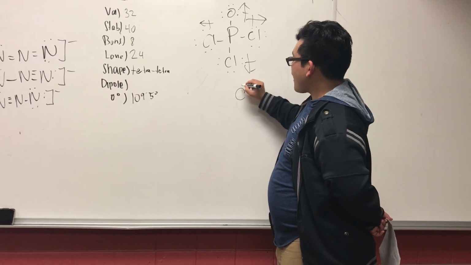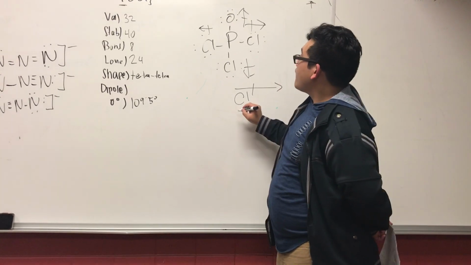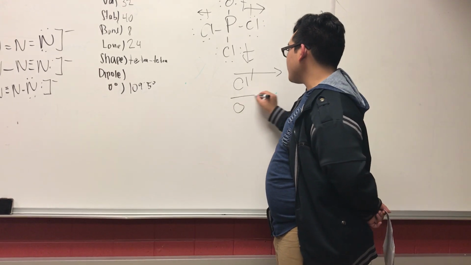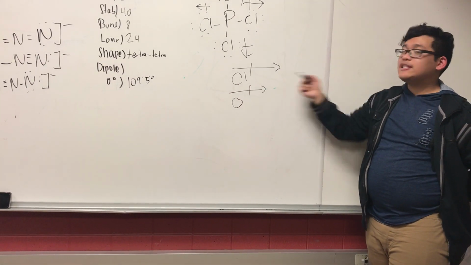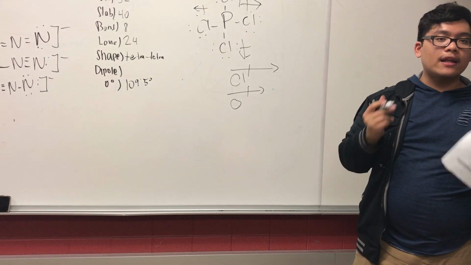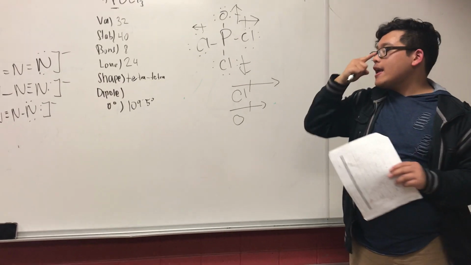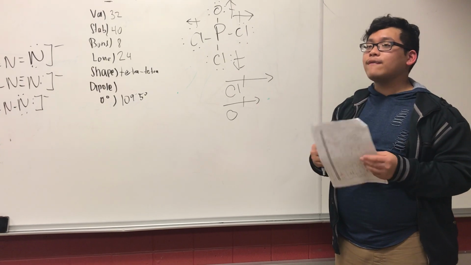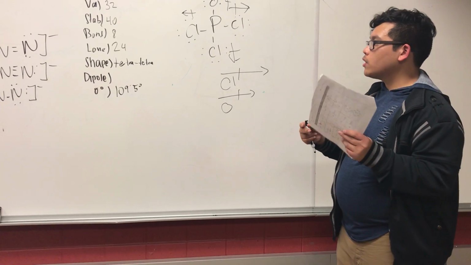Cl is going to have a certain strength of electronegativity. O is going to have a different strength of electronegativity. They're all going to be more electronegative than P, but the amount is going to be different. And if you look at my notes that I wrote earlier, the second rule is when they have different polarities. How do you know the strengths of polarity?